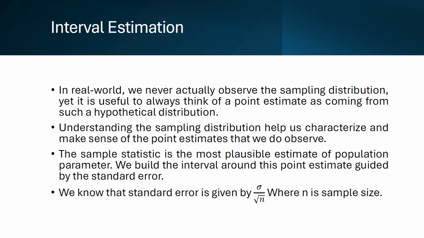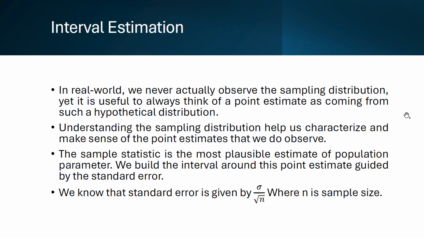The interval is determined by the standard error. From the central limit theorem, we know the standard error of the sampling distribution of the sample statistic is sigma by root n, where sigma is the population standard deviation and n is the sample size.